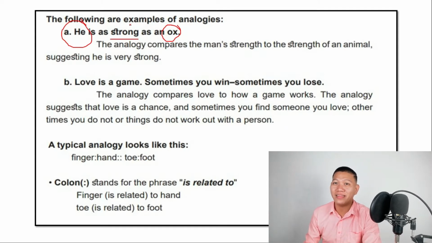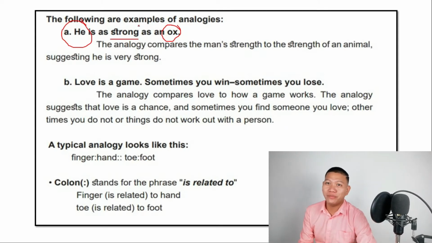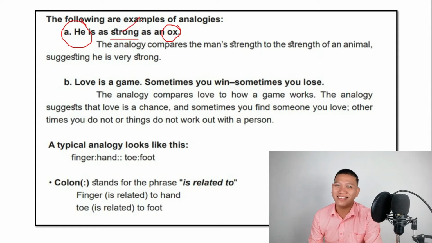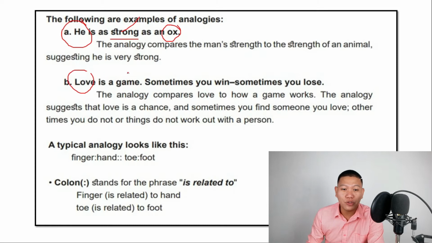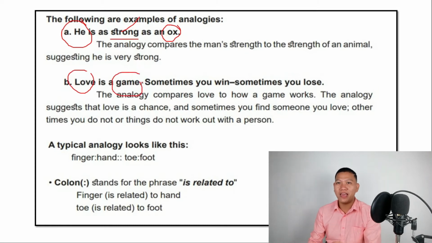So we are comparing the person in terms of strength. You get it? Love is a game. Sometimes you win, sometimes you lose. So now we are comparing love to a game. Why? Because with both of them, we can experience losses or we can also experience wins. So that's how we compared it.